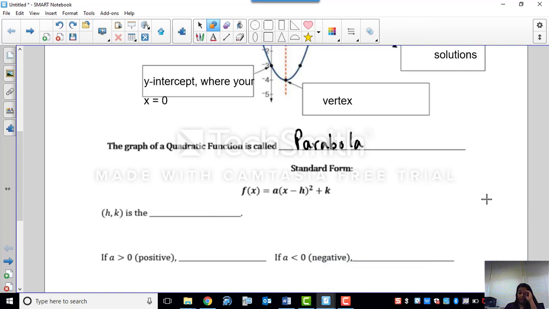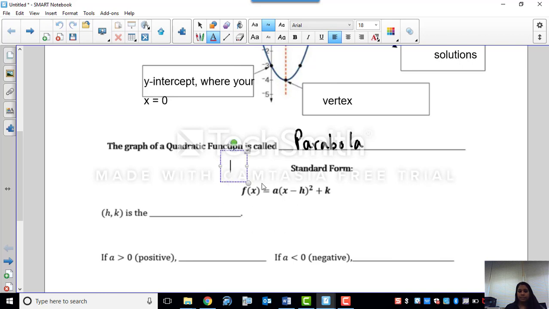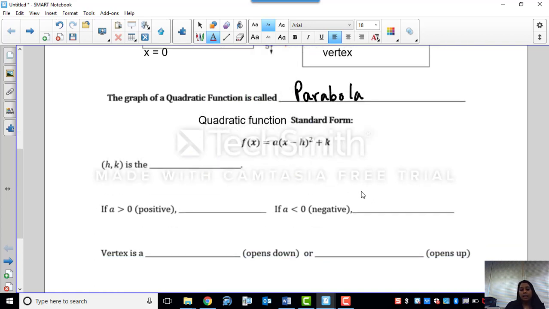When we have a quadratic function written in vertex form, it looks something like this: f of x equals a times (x minus h) squared plus k. This is what makes it a quadratic: your x is being squared.